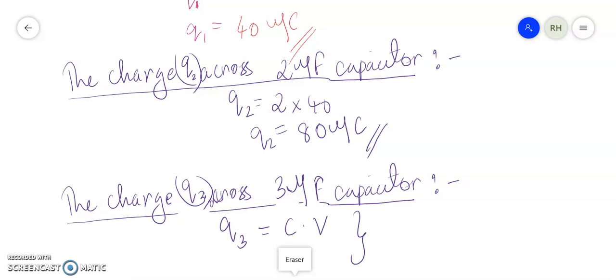So that's going to be Q3 is equal to, C is 3 microfarad and voltage is, you know, it's 40 across a parallel circuit. It's going to be the same for all the branches. So it's going to be 120 microcoulombs.